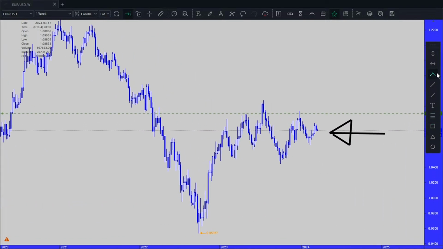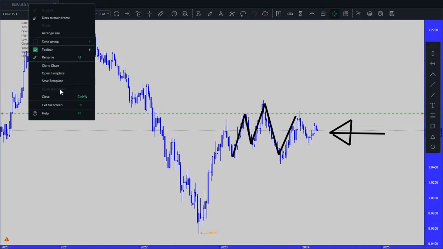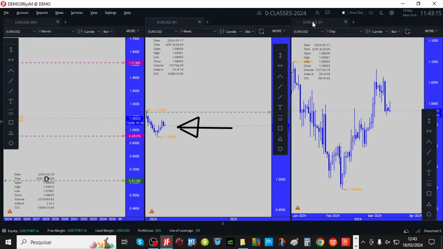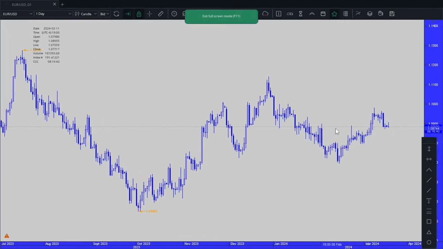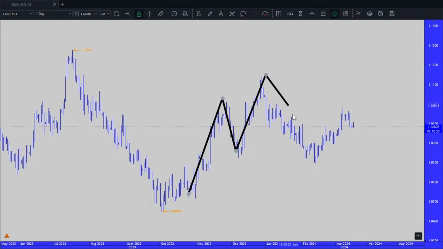Right? 7 times out of 10. What can you see? You have a crown here on the weekly, and then you have a crown on the daily too. That's the crown.